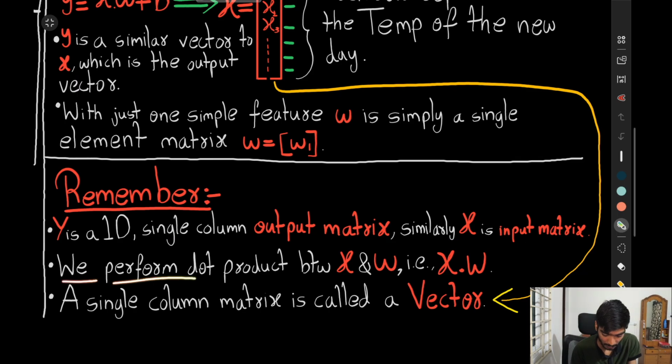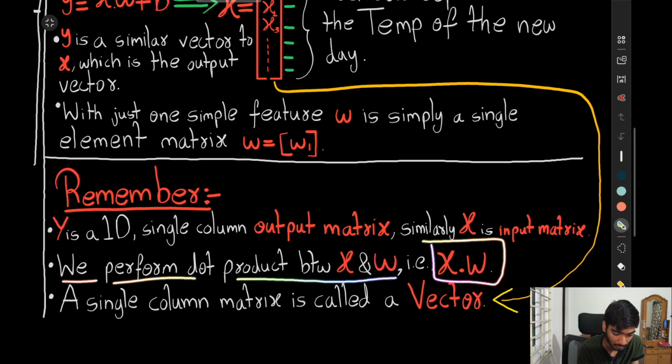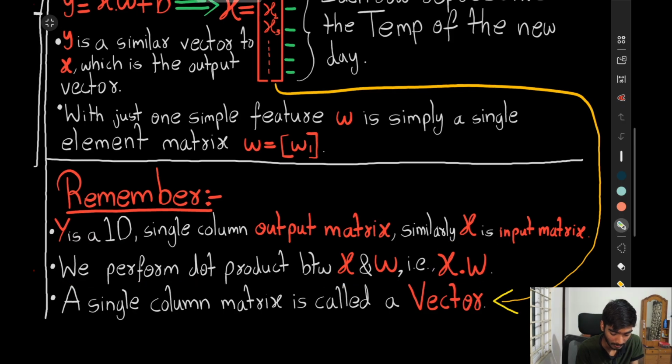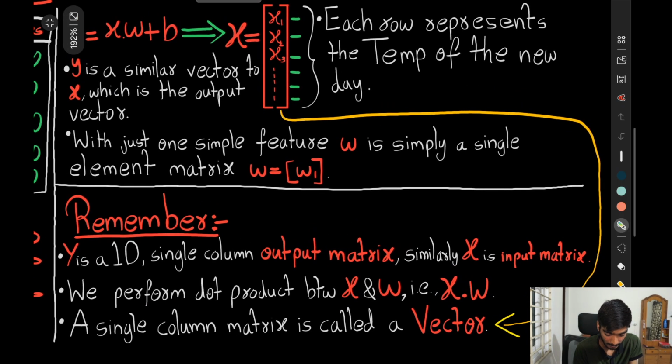We perform the dot product between x and w, that is x dot w. This is crucial to get the output as a single dimensional vector with a single column, as y. In machine learning, we call a single column matrix like x a vector. Remember this so that you won't get confused in the future when we use matrices with multiple dimensions.